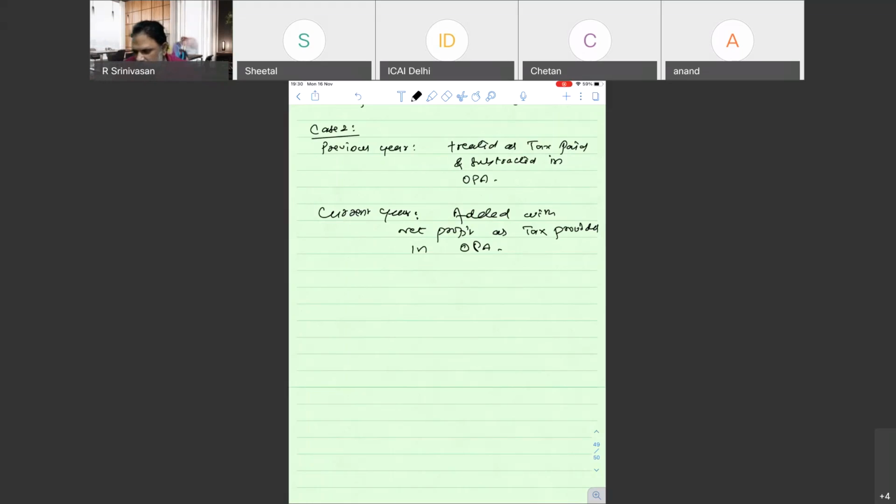What is a below the line adjustment? It's an appropriation of profit, not a charge against profit. That is all right.